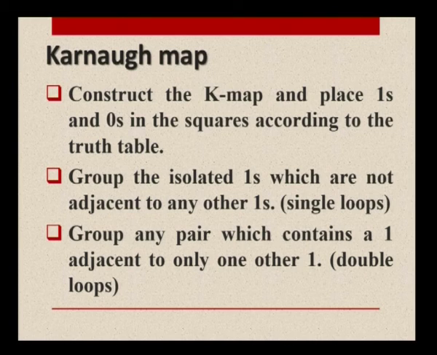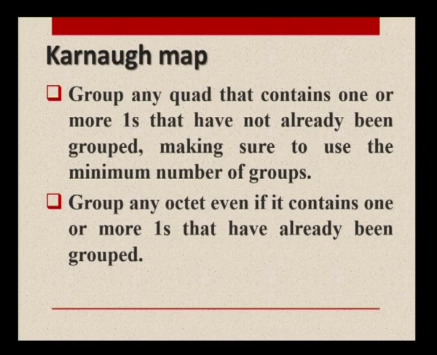Group the isolated ones which are not adjacent to any other ones, which is called a single loop, and if we could group any pairs, that means 2 cells which contain a one adjacent to only one other one, these are called double loops. Group any quad, quad means here 4, that contains one or more ones that have not already been grouped, making sure to use the minimum number of groups.